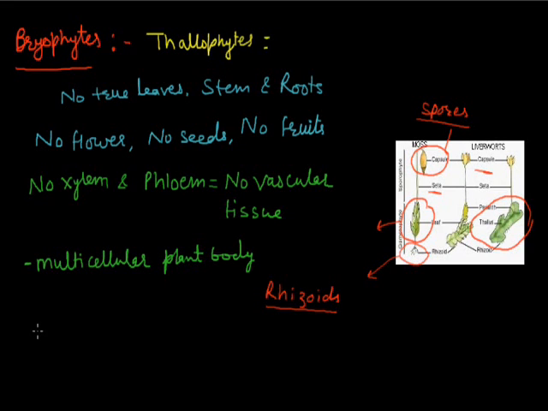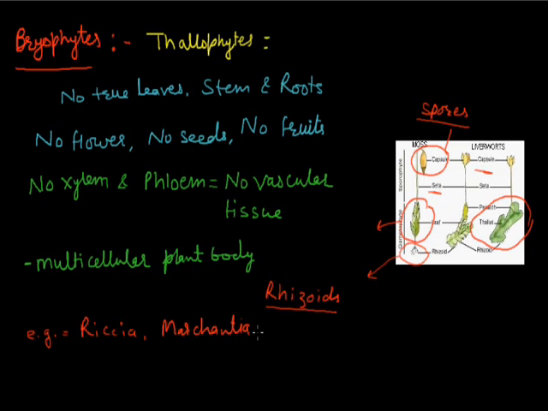Some examples of plants which are called bryophytes are Riccia and Marchantia. These plants are present generally in muddy areas or in places where high moisture content is present.